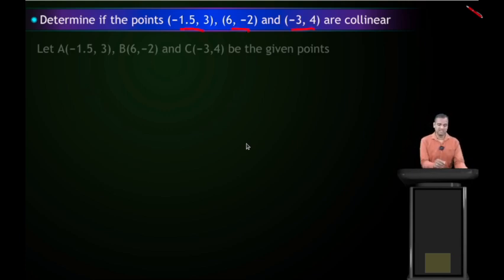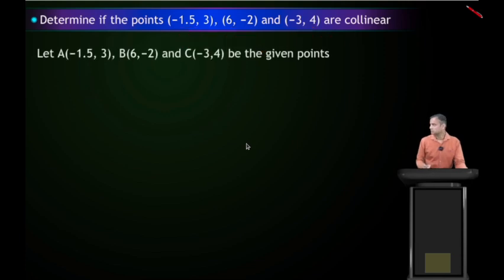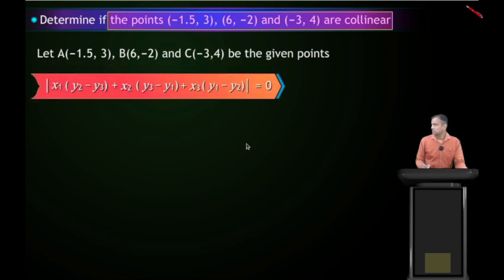So we can take them as vertices of the triangle x1 y1, x2 y2 and x3 y3. These are the given points. Now if the area is 0, obviously these points are collinear. If it is not 0, then we can say that these points are not collinear.